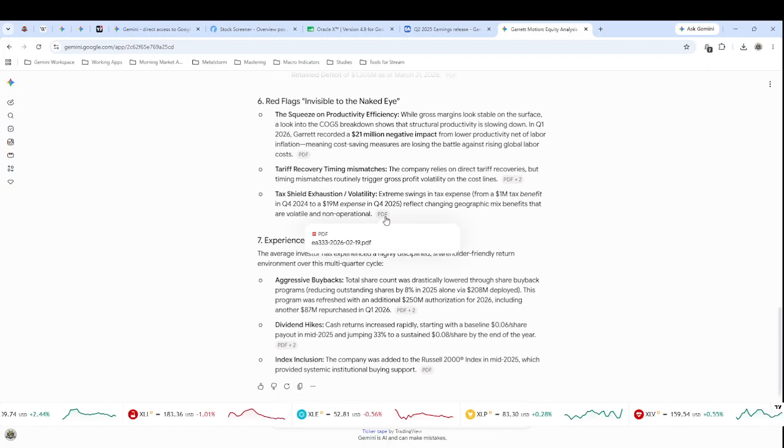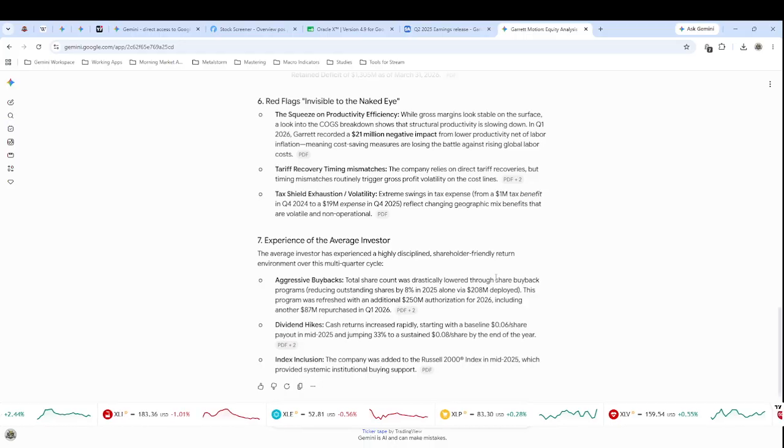So, what was the average investor's experience? Let's talk about this here. The average investor has experienced a highly disciplined, shareholder friendly return environment over this multi-quarter period. And if you didn't gather, outside of what I said about those margin pressures, I was coming to that same little conclusion here.